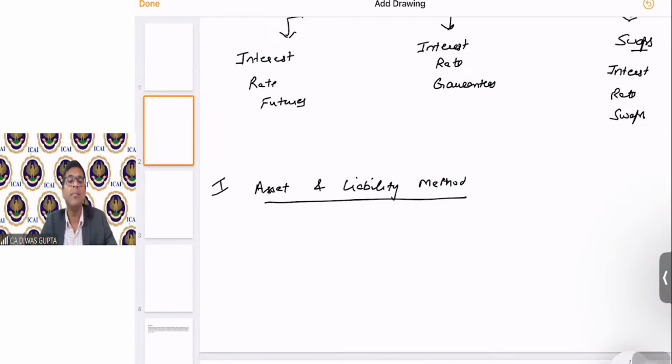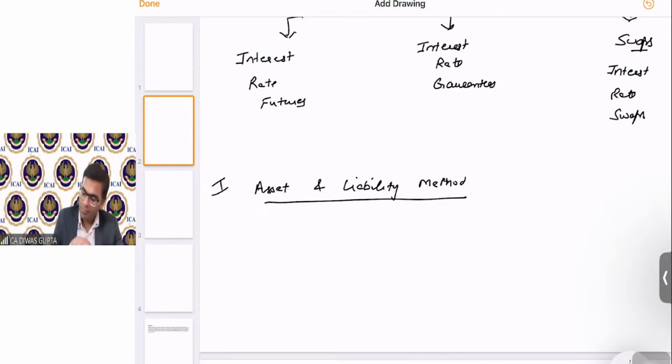So the asset liability method is actually matching the maturities of your assets and liabilities in such a way that we are not exposed to any risk on account of reinvestment risks or on account of taking fresh borrowings at the rate of fresh interest rates, students.